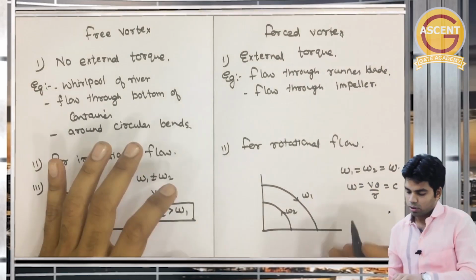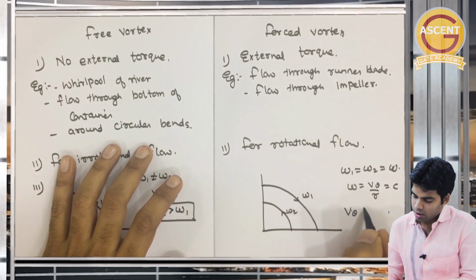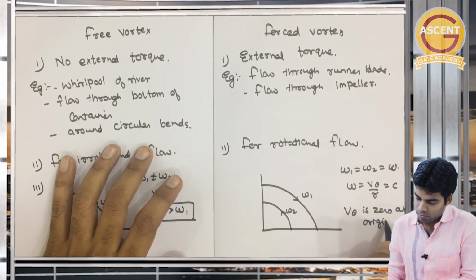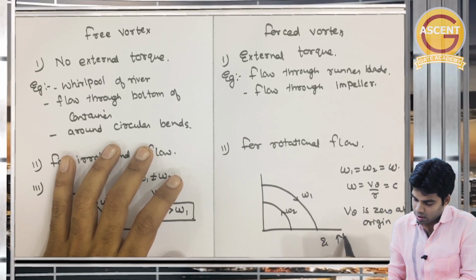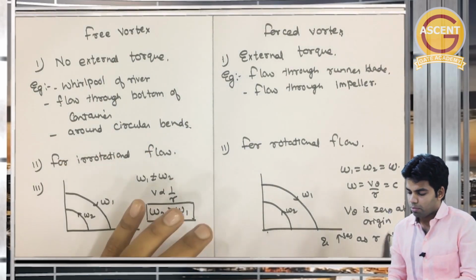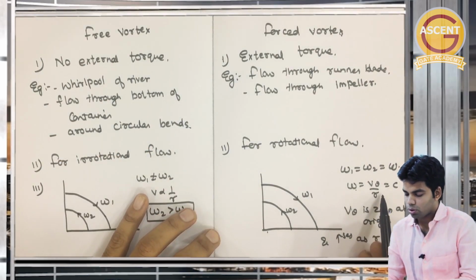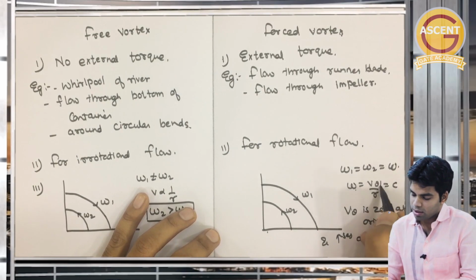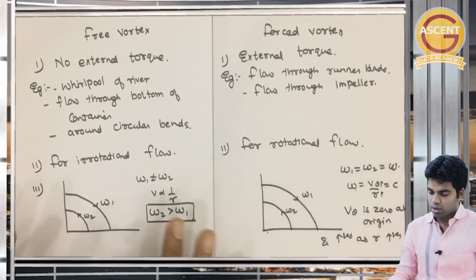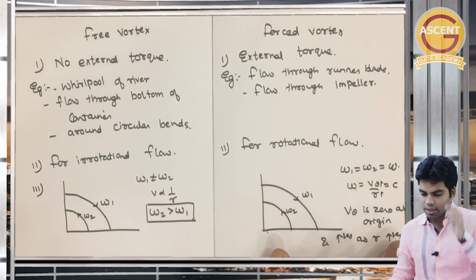This V theta is 0 at the origin and increases as R increases. Since omega has to be constant, as R increases, V theta also increases. Getting this now? This is the main difference between free vortex and forced vortex.